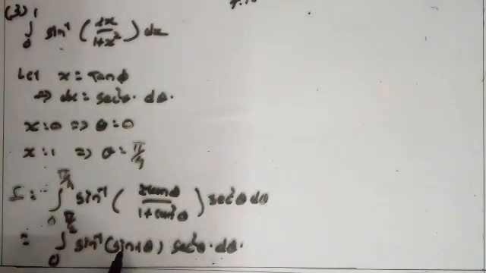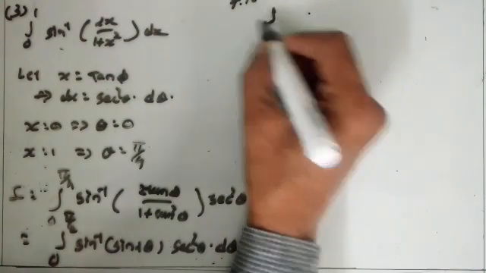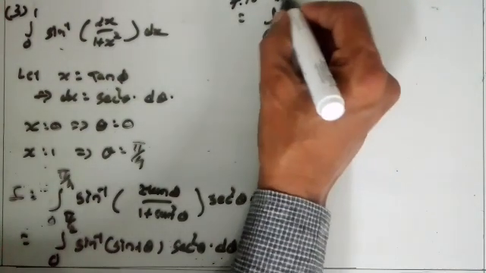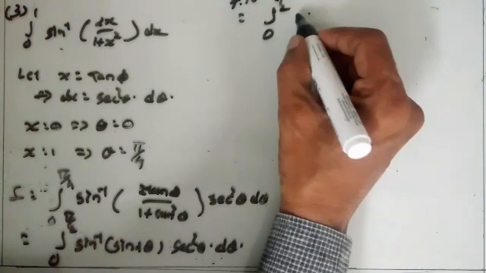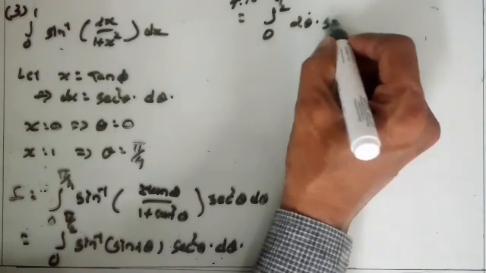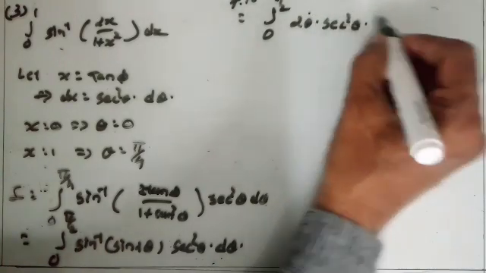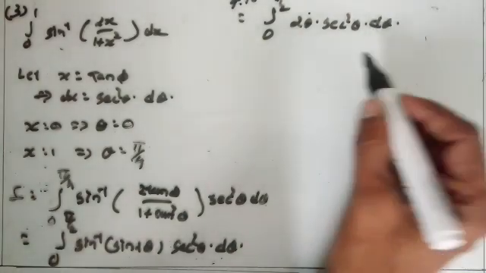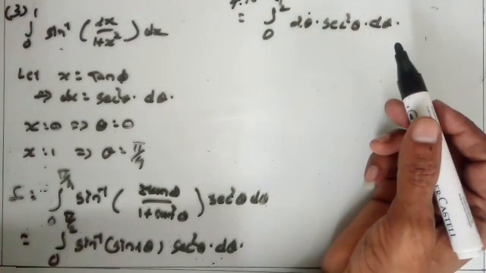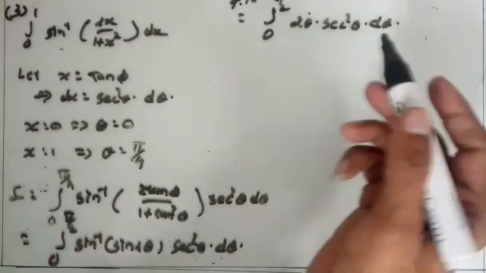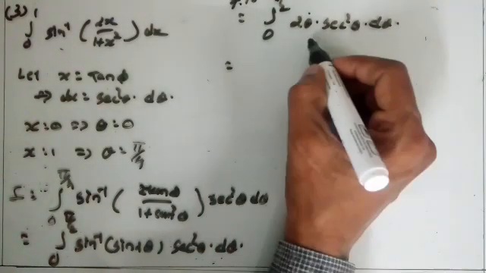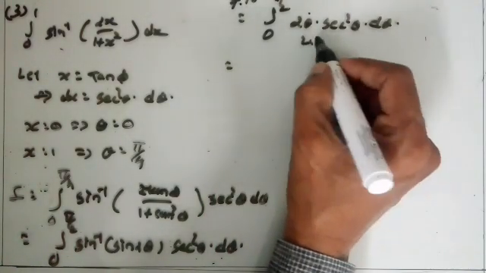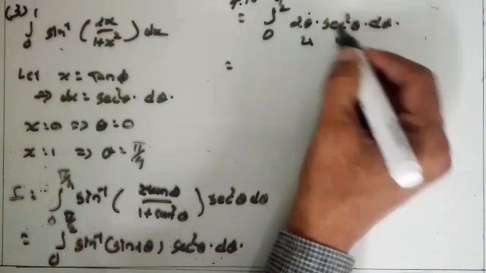So here the sin inverse and sin cancel, and we get the integral from 0 to pi by 4 of 2 theta into sec square theta d theta. Now apply integration by parts. We know that this is u and this is v, because we know the integration of sec square.